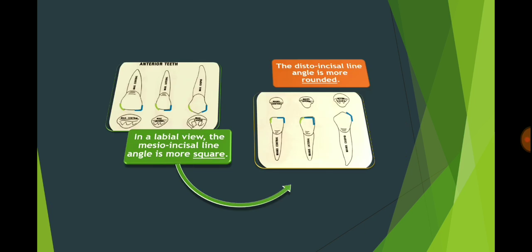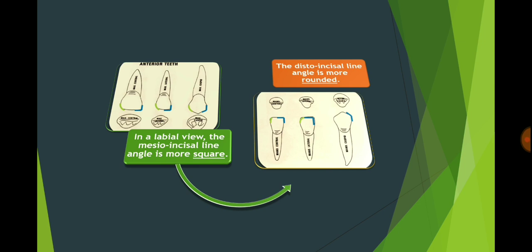So again, on the anterior teeth, we're still in the labial view. The mesial incisor line angle is more square.